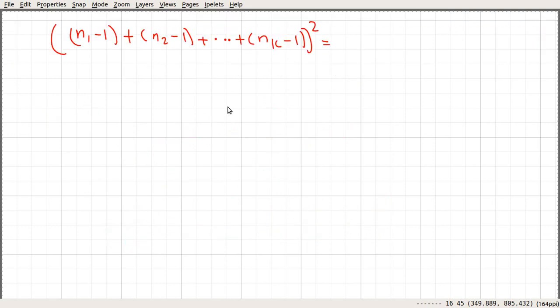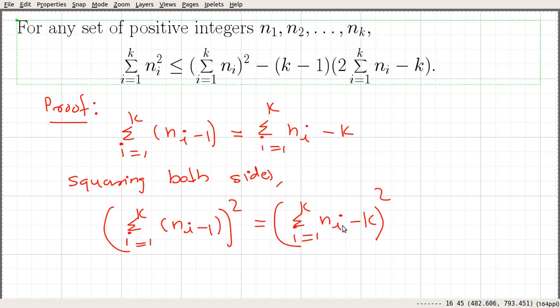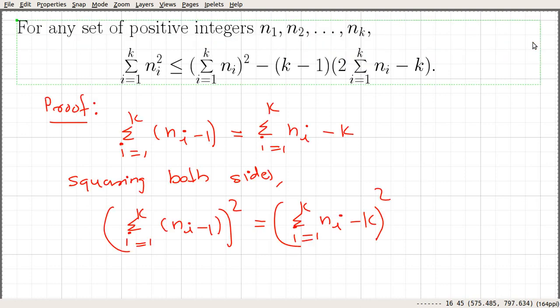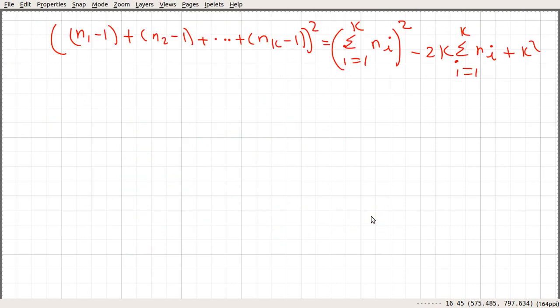So the right hand side will be the sum from i equal to 1 to k of ni, this thing squared, minus 2k times this quantity, the sum of ni, plus k squared. Okay, the last square term. Okay, so let's expand this side.